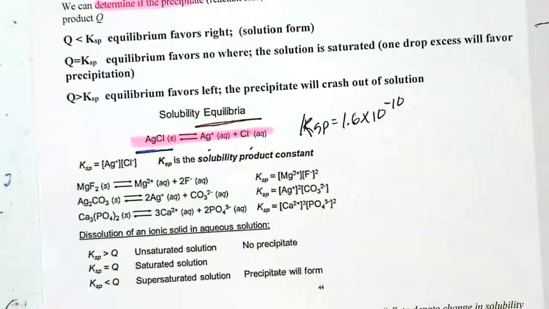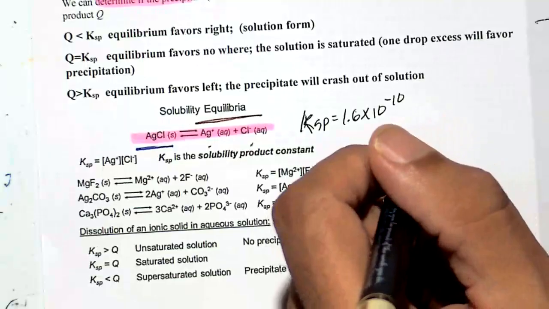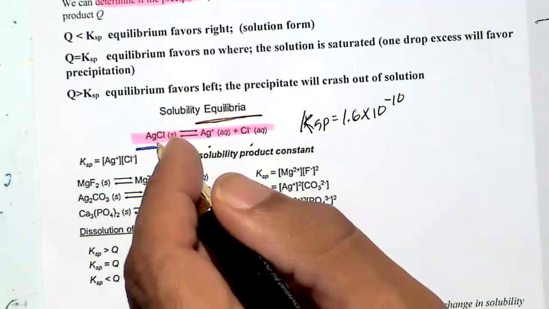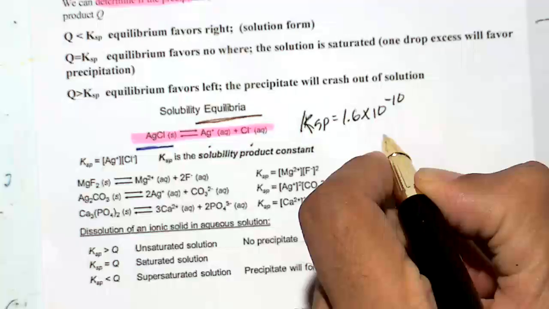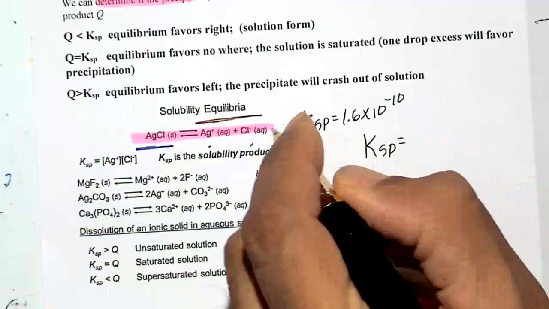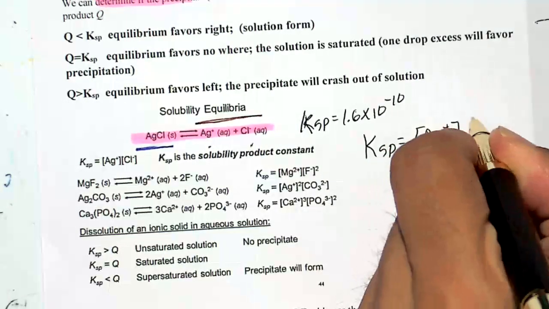This is something that I'll give you, or you look it up in the back of the book. It's the solubility product constant for silver chloride. Now we'll do the KSP expression: products over reactants.